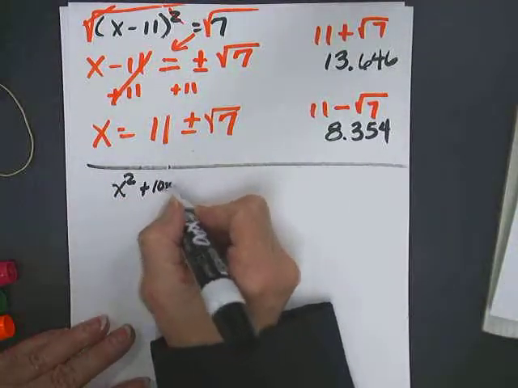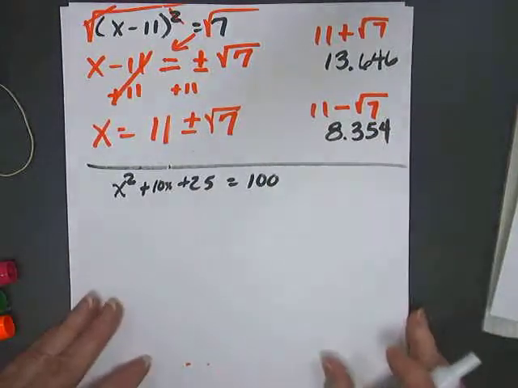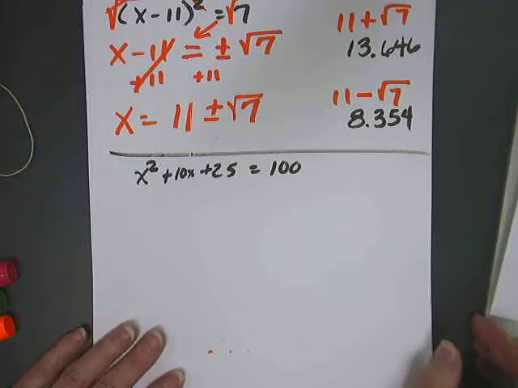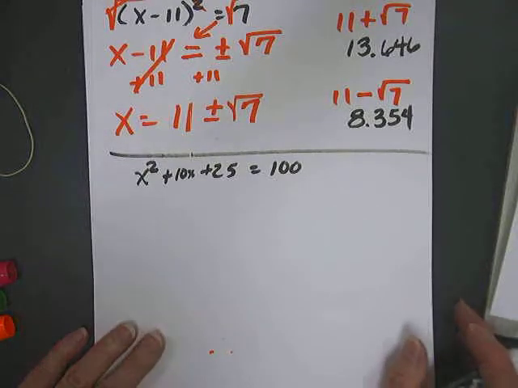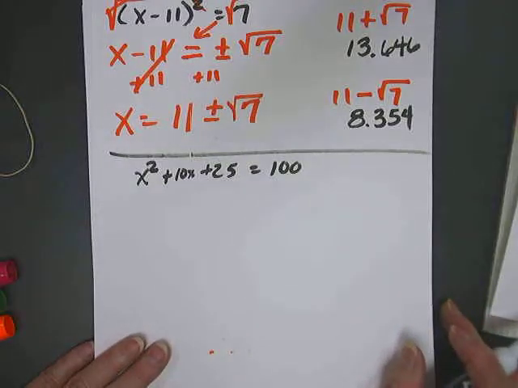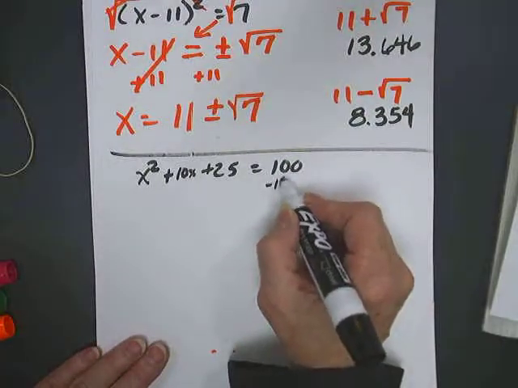Let's do one where there's some factoring involved. Okay, x squared plus 10x plus 25 equals 100. We need it equal to 0, don't we?